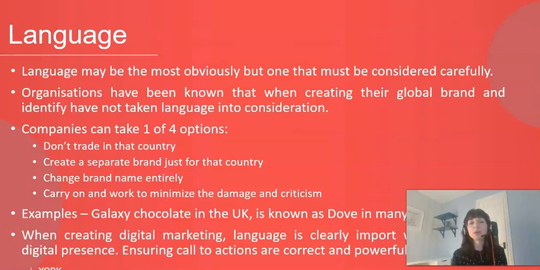So in digital marketing, we've actually got more options when it comes to changing the language, or not more options, they're more easily executed because the cost of print, the cost of production doesn't exist. It's much smaller to create the same advert backdrop, but just have different language on there. But we've also got to be very mindful that the call to action, what we're asking them to do next, works for different countries.